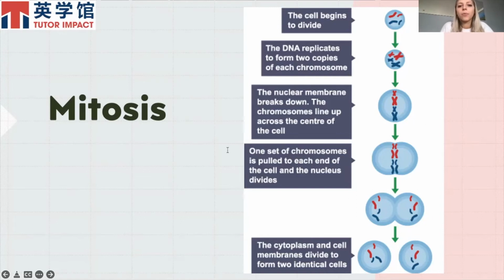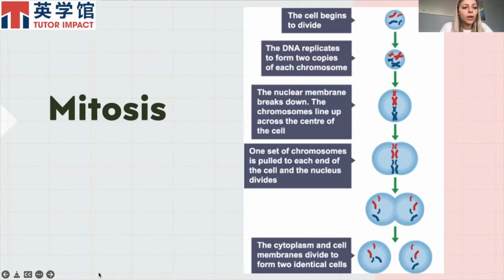This is where the cell membrane begins to break down and the chromosomes line up on that equator we spoke about before. Then the chromosomes are pulled apart by cell fibers to either side of the cell before we enter the last stage of cytokinesis, which is where the cytoplasm and the cell membrane break down and we have 2 identical daughter cells left. And that is the whole process of mitosis, or the cell cycle, as it's usually called.